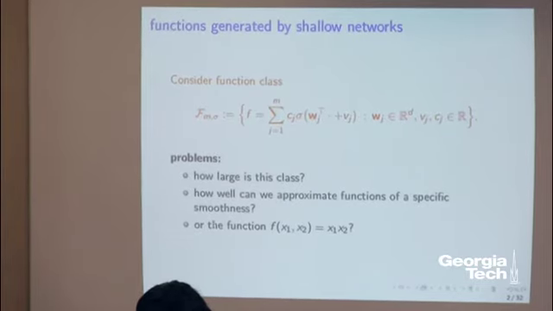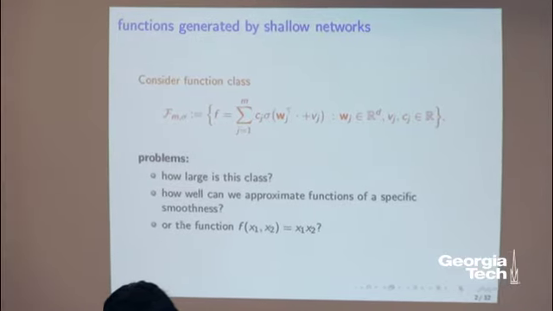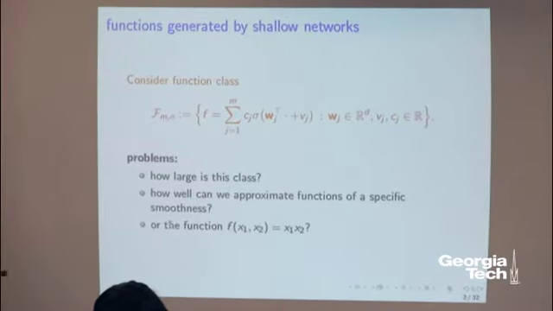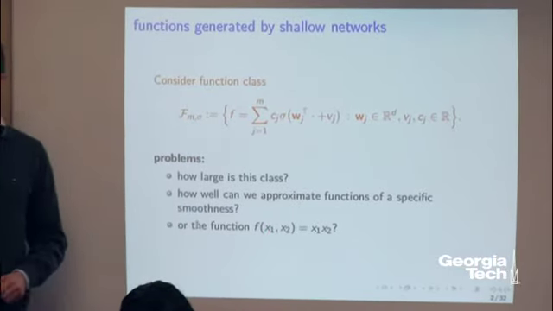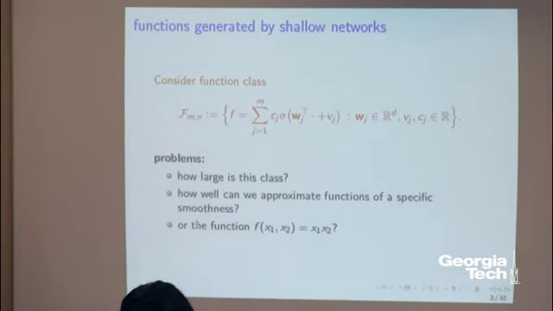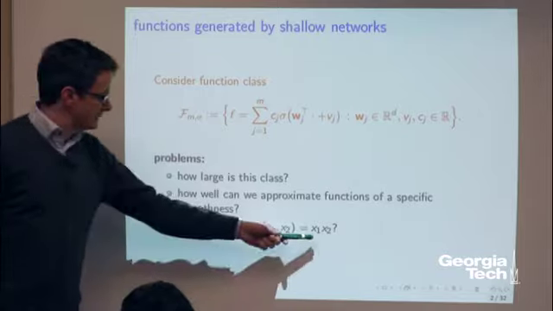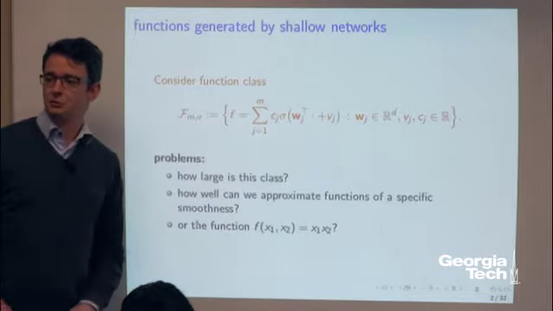So you want to see how fast you can converge, for instance, to a smooth function if you make m large. And if you like an exercise, a function that is not so easy to approximate is if you take two inputs and you want to multiply them. You just multiply two numbers, and you can wonder, can I somehow approximate it with functions of this form?